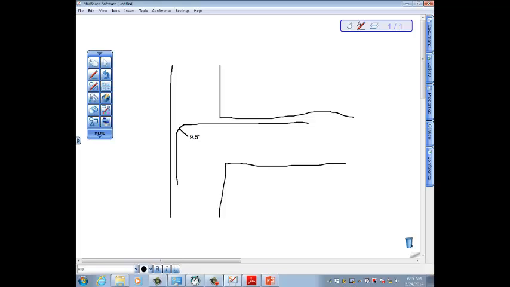The other thing that this chart tells us is that beyond the bend, which is this part right here, the second diagram to the right of that chart on page 546, it says it must go 12 inches. So the length of this line right here, beyond where it stops bending, should be about 12 inches.